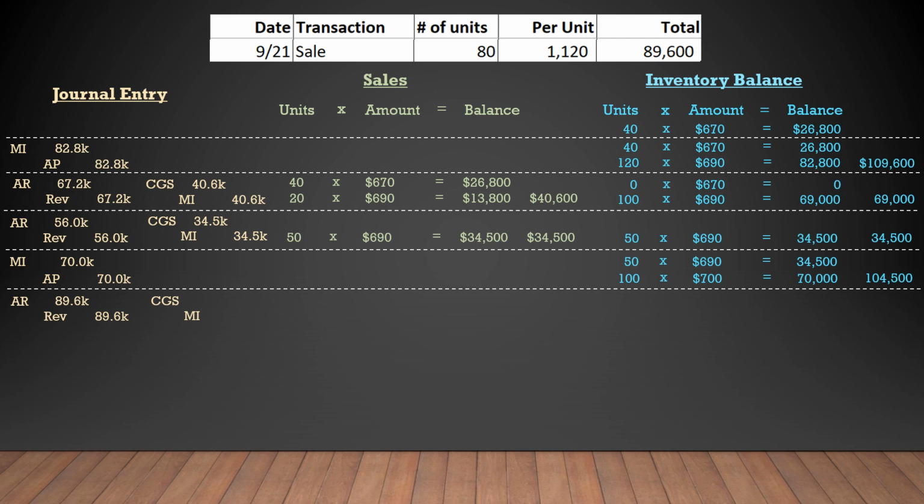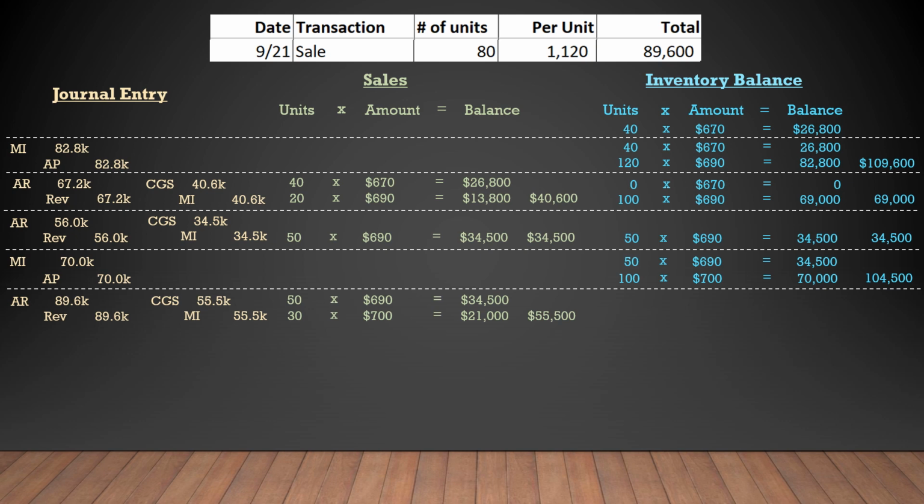The 80 units sold took all 50 units from our oldest merchandise inventory layer at $690 per unit, and 30 units from the most recent layer at $700 per unit. So $55,500 is our debit to CGS and our credit to merchandise inventory.